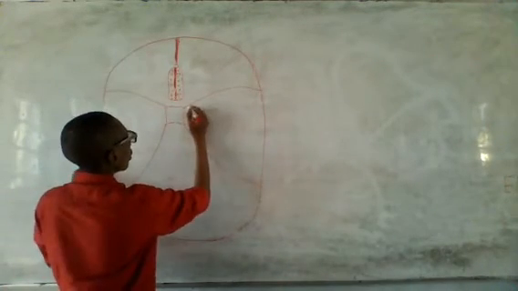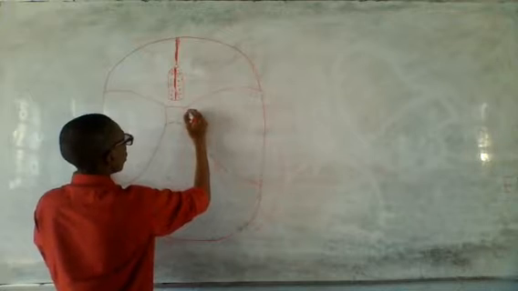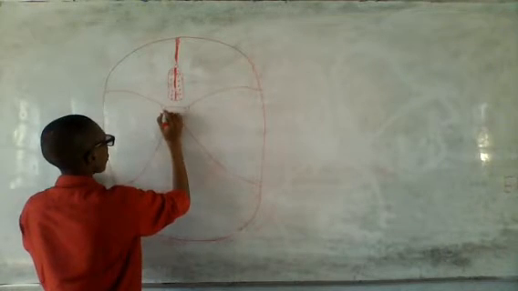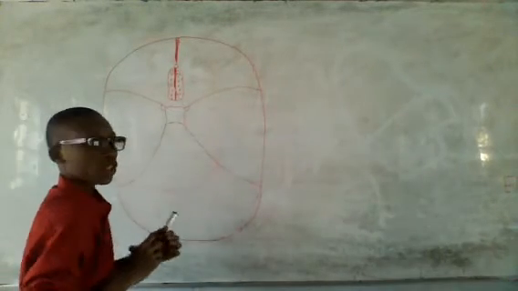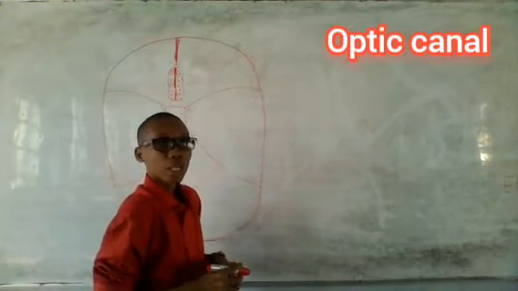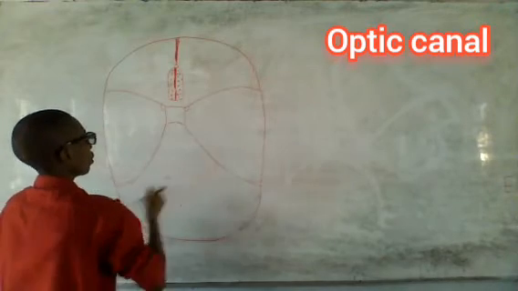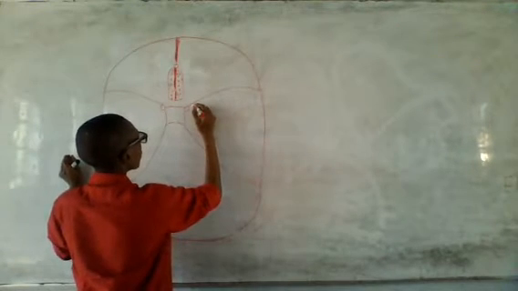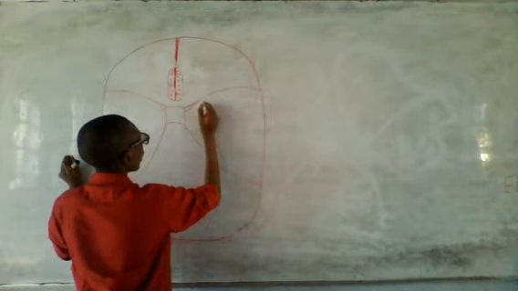Now, within this region, you're going to find another foramen, and this foramen is called the optic canal.